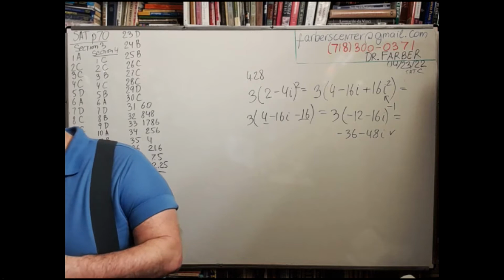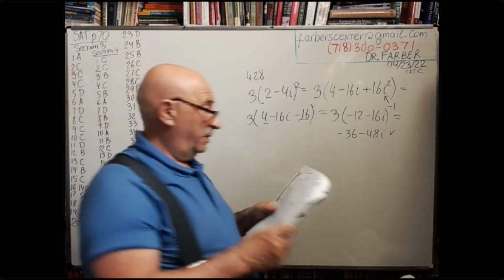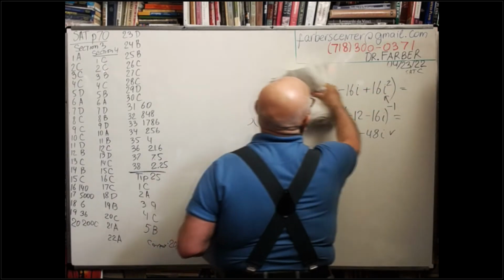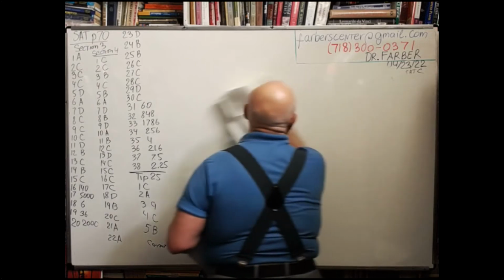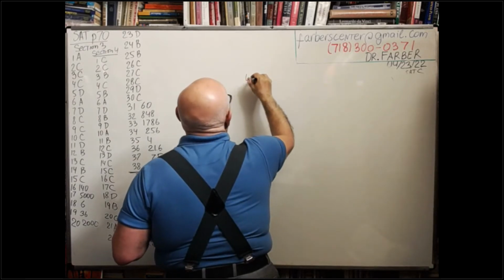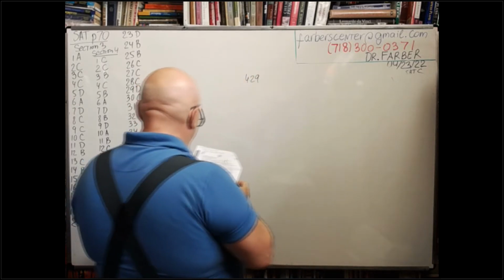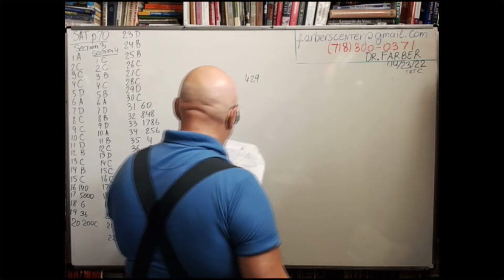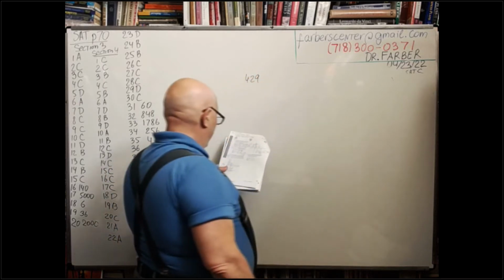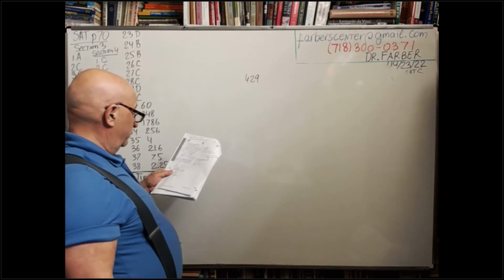Okay. 429, David and other people, 429. There are 9 students, and the average is 79.